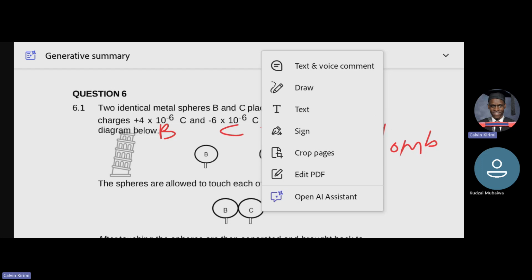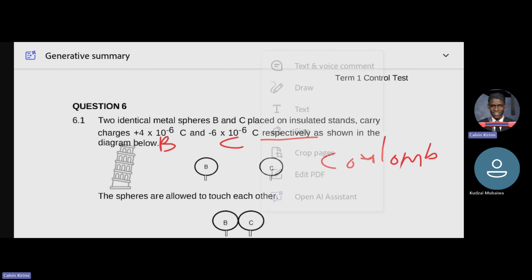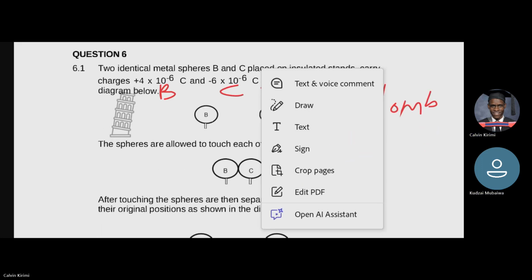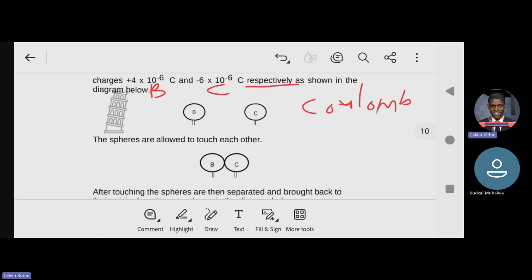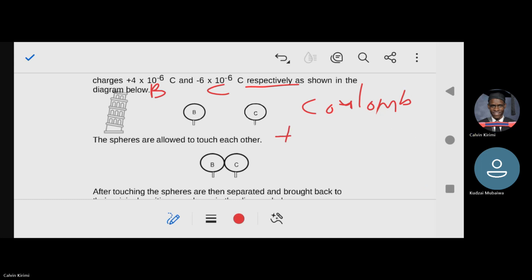Even on paper, you do it like that. For example, plus 4 times 10 to the power -6 coulombs.